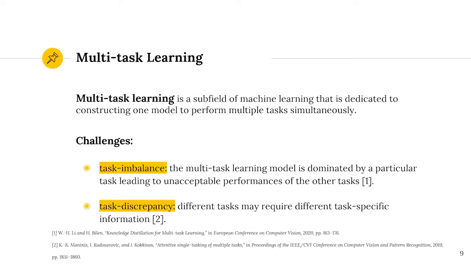And the task discrepancy issue is that different tasks need their task-specific features. The lack of task-specific features may degrade the performance of the multitask learning model. Even worse, the task-specific information of different tasks may contrast with each other, which means that one's useful information may be others' noise. And these challenges also exist in Wi-Fi-based multitask sensing, and we try to solve them in this work.